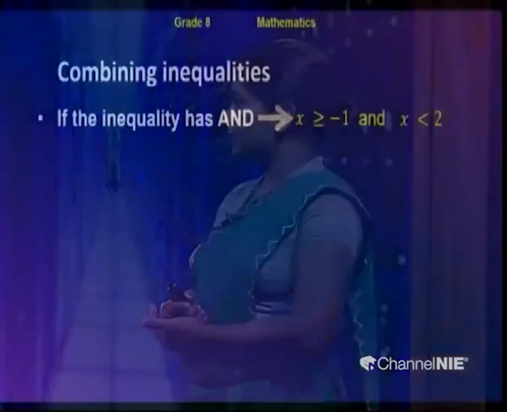Next we are going to talk about combining inequalities. There are two inequalities. Now you have to combine these two. How to do that? Hope you are ready for that example. Look at that.